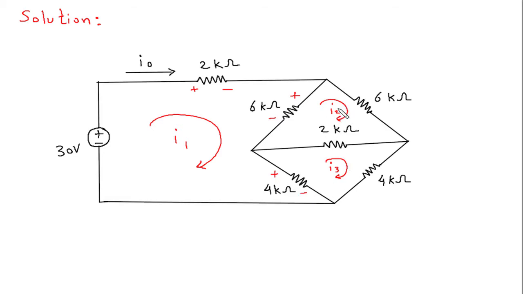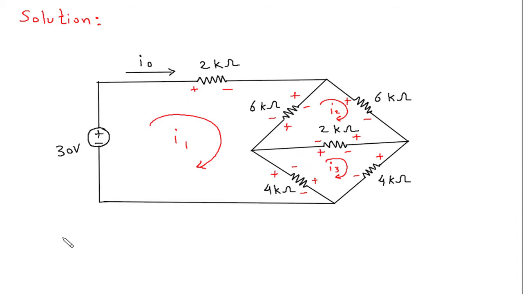According to mesh number 2, the polarity will be positive, negative, positive, negative, positive, negative. Here it is entering from here, so this will be positive, negative, positive, negative, positive, negative. Now we have the polarities.